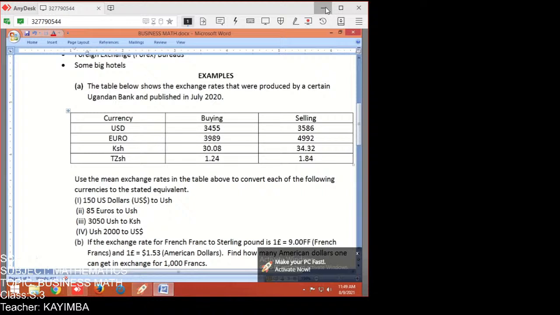But you are supposed to be very keen on the side you're putting the dollars, and they are supposed to follow in the same line. If you have the dollars, the Ugandan shillings here, also the Ugandan shillings should be here that you're changing. And there you put in X or any other unknown. Then you cross multiply and you calculate for that unknown. So that is what we had for that table.